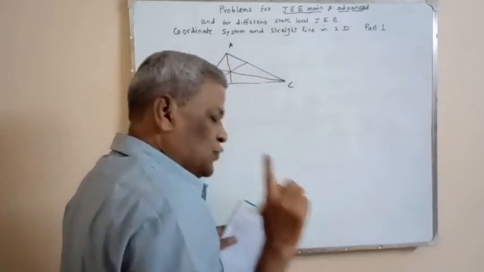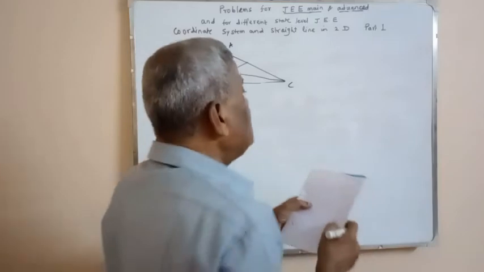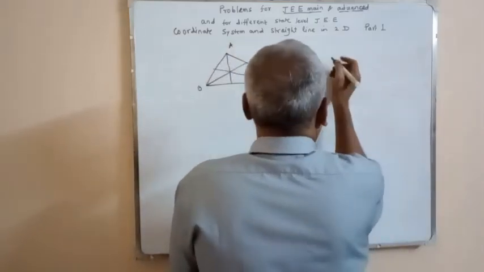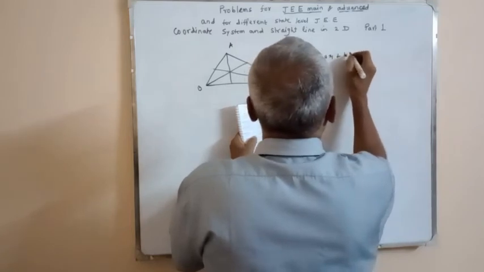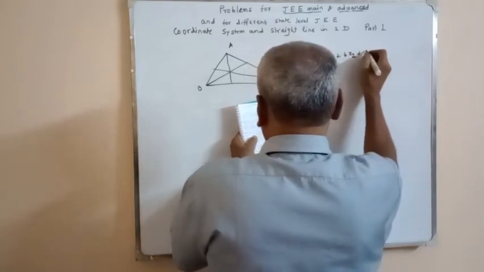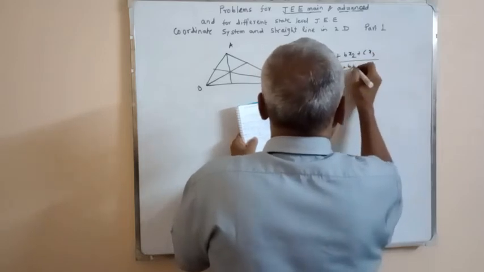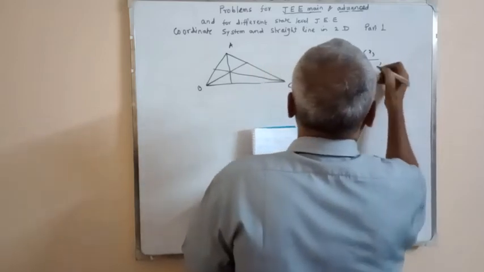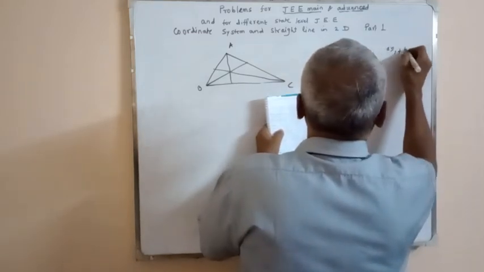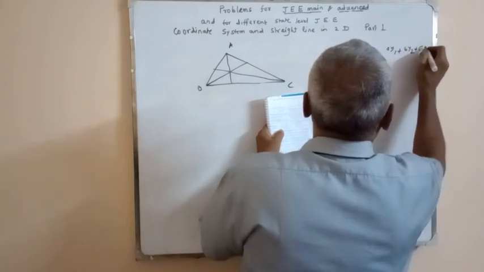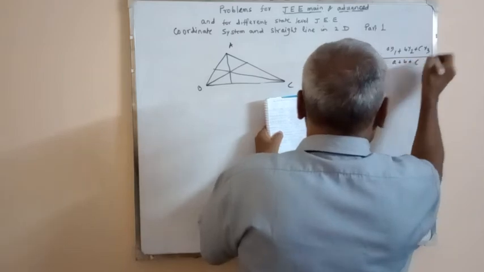If A is x1, y1, B is x2, y2, and so on, then the coordinate of the incenter is (a x1 plus b x2 plus c x3) by (a plus b plus c), and the y coordinate similarly, (a y1 plus b y2 plus c y3) divided by (a plus b plus c).